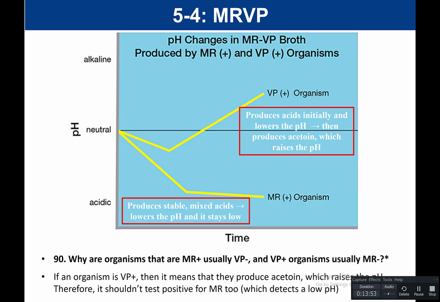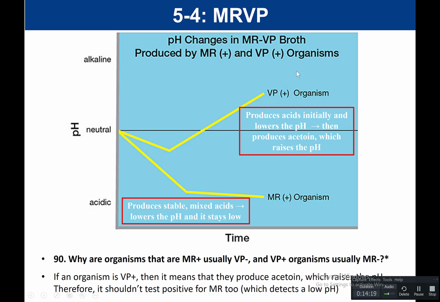So for this slide, again, you want to understand that you cannot do your readout at 24 hours because VP positive organisms will produce acids initially. You want to understand that MR positive organisms will produce stable mixed acids, which will keep the pH low.